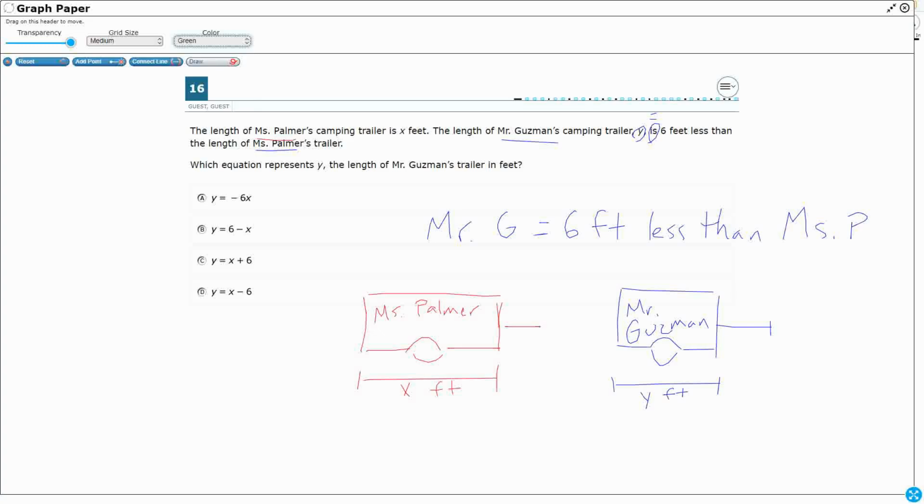Now, how do we start replacing that with letters? Well, what do we know about Mr. Guzman? Mr. Guzman's trailer can be represented with this letter Y. So what I'm going to do is replace Mr. Guzman with Y because we've already said his trailer is being represented by the variable Y. In the same way, Mrs. Palmer is being represented by X right here.